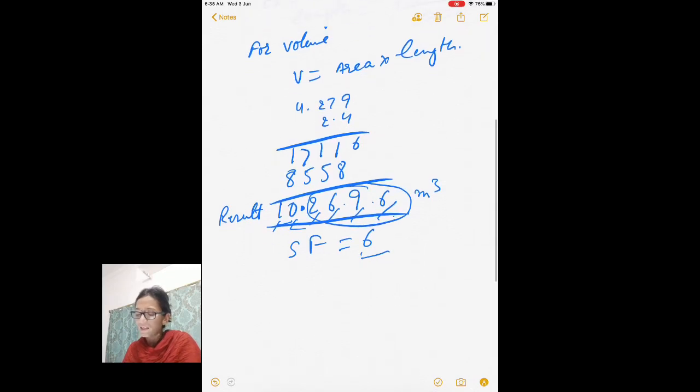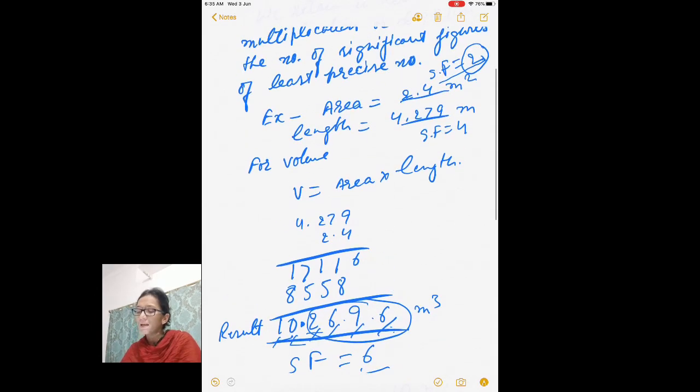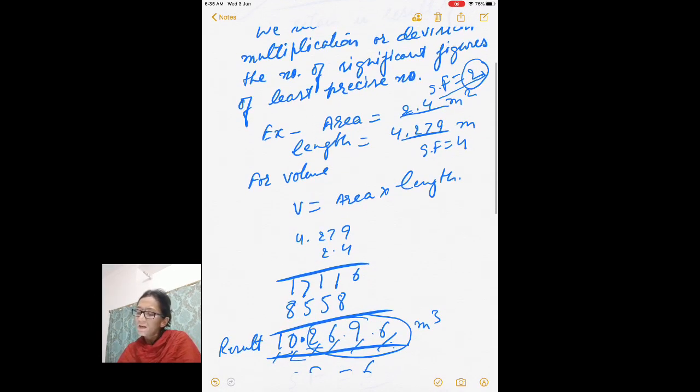Here you can see that the next digit 2 is smaller than 5, so after rounding off we will leave the preceding number as it is. Therefore the result should be equal to 10 meter cube only, because its significant figure is 2.